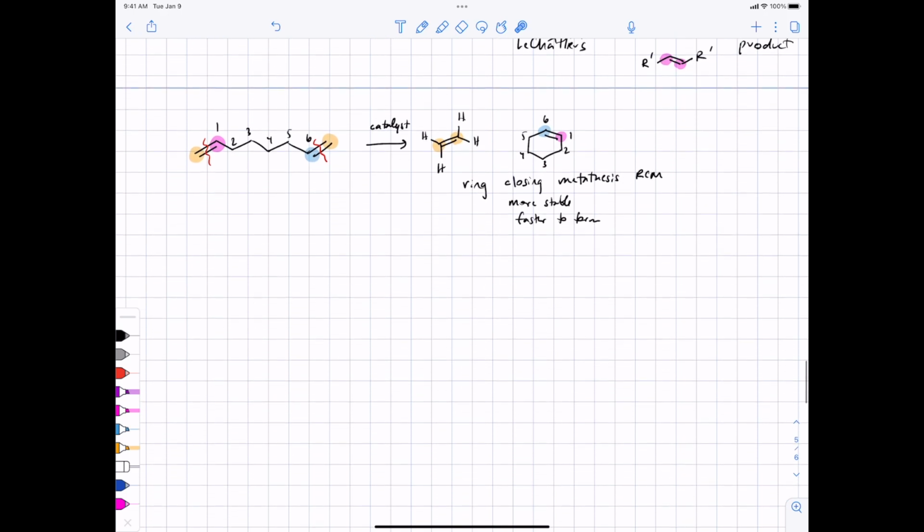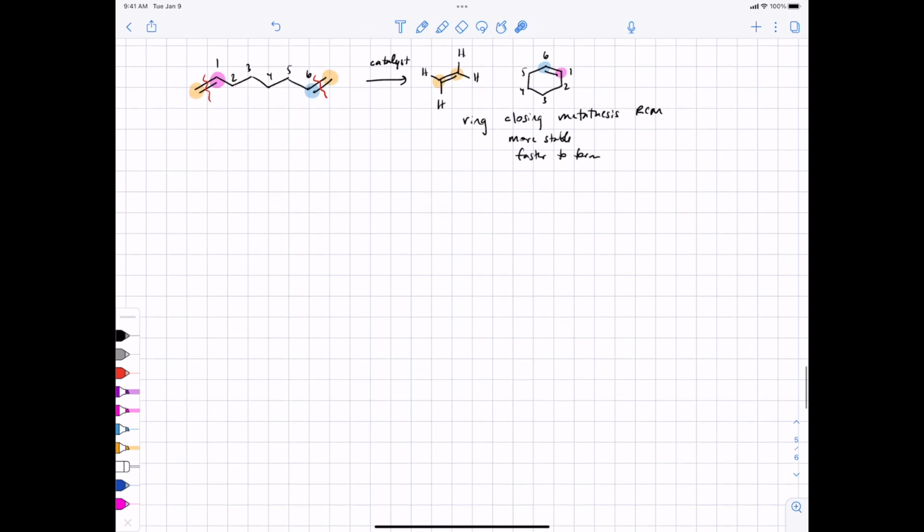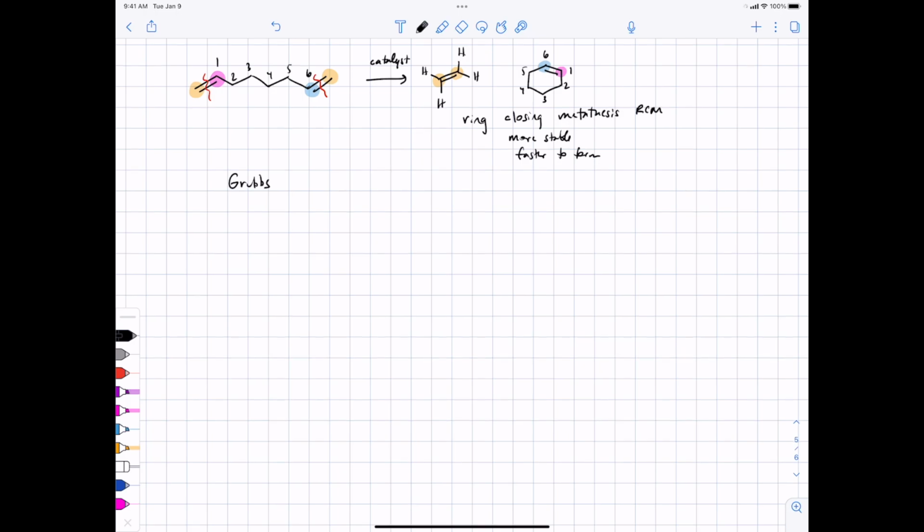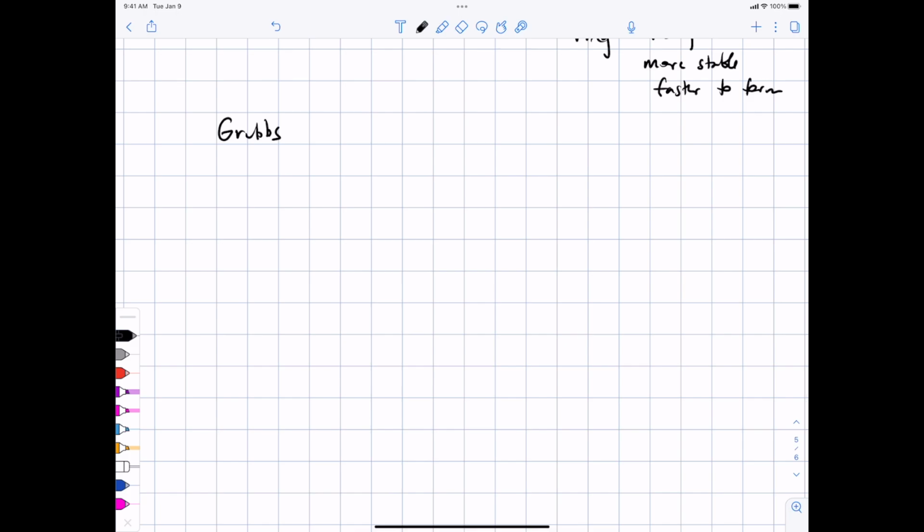I want to show you what the catalyst is. I think you better recognize the catalyst so you know to use it in a predict products or provide reagents sense. This is one of the catalysts produced by Professor Grubbs's group.